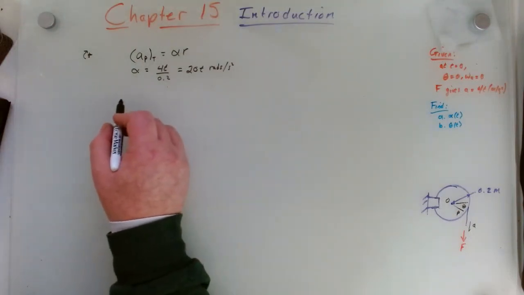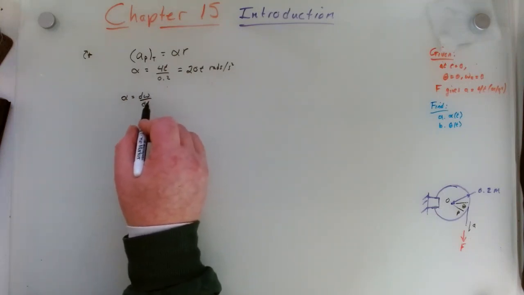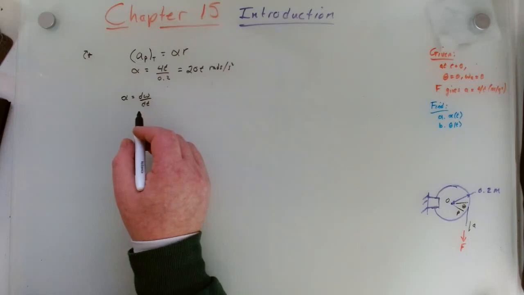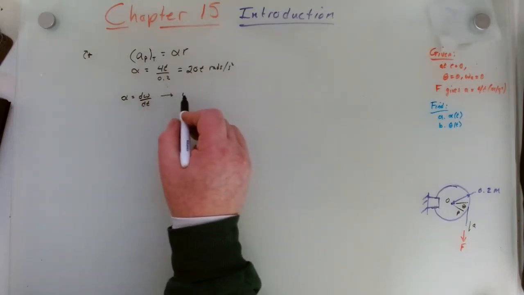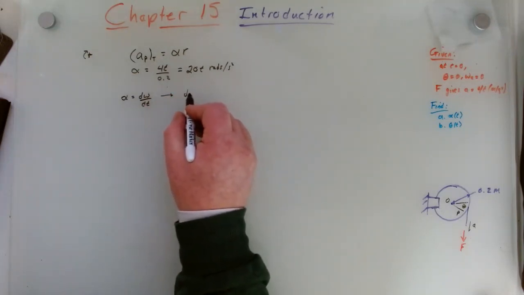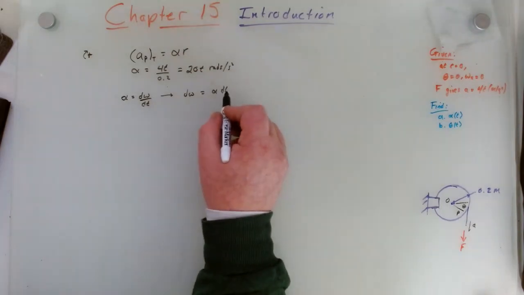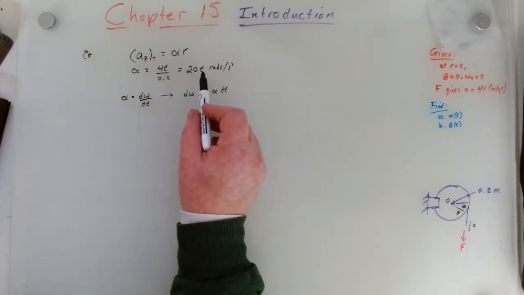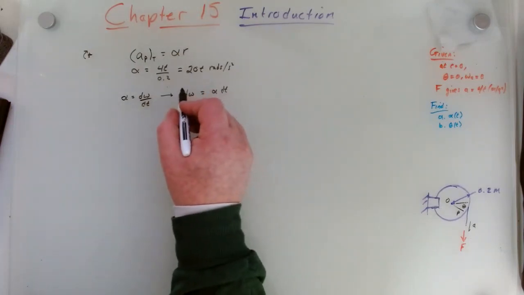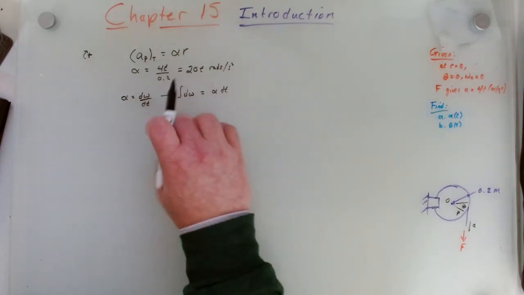Okay, and then remember that alpha is d omega dt, right? And we can differentiate that, and what we get is omega, right? So it's d omega is equal to alpha dt, right? And we need that because we have a t in alpha, right? So we'll integrate here from omega naught, except that omega naught is 0, so we'll just say 0 to omega.